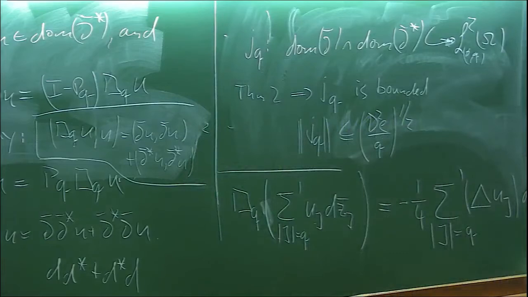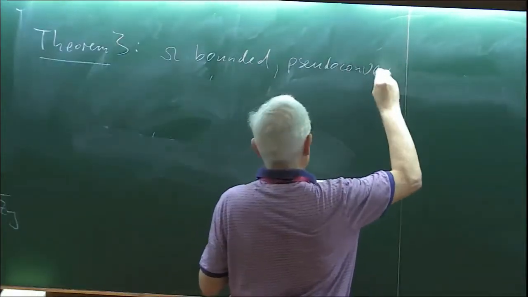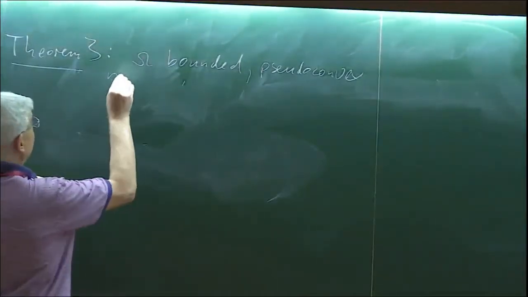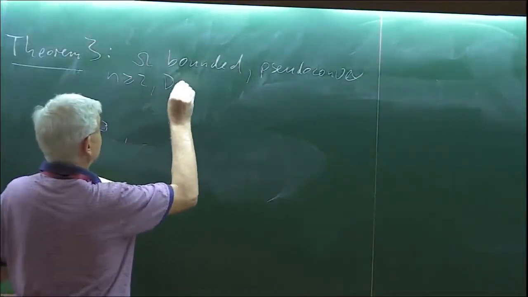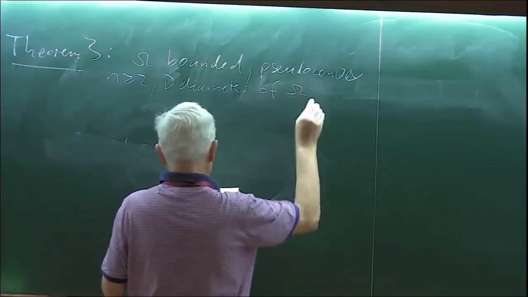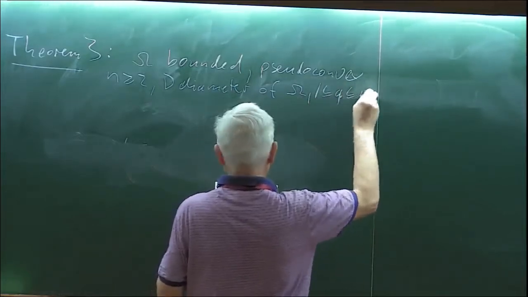Okay, so theorem 3, so again, omega bounded pseudoconvex. Here n should be at least 2, d the diameter of omega, and 1 less than or equal to q less than or equal to n.